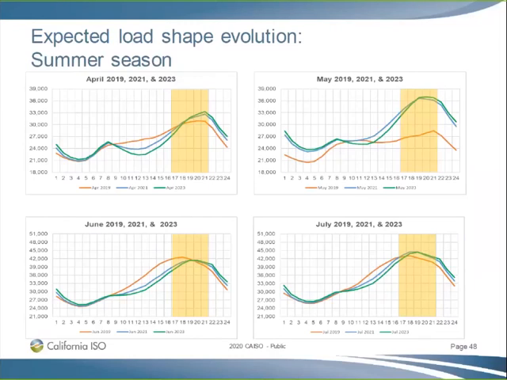Worth noting on this slide, we see that the CEC load forecast for the years 2021 and 2023 does shift later for most of the months compared to the 2019 observations. Also, you'll notice that April and May from 2019 are much lower compared to the forecast for 2020, 2021, and 2023. I'll talk about that a little bit more on the next slide.